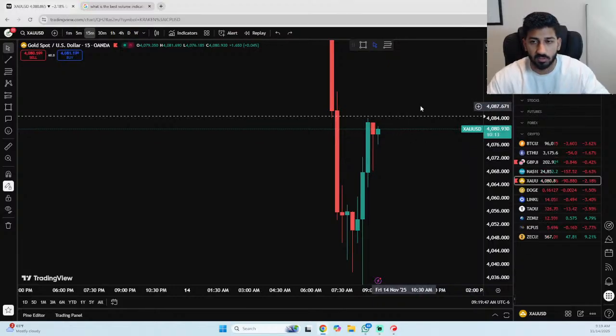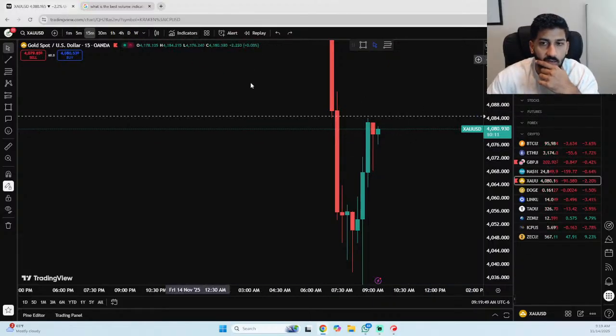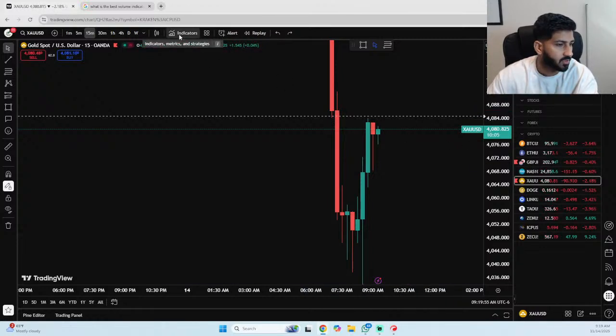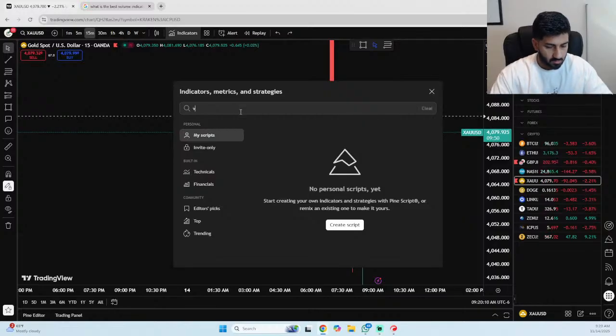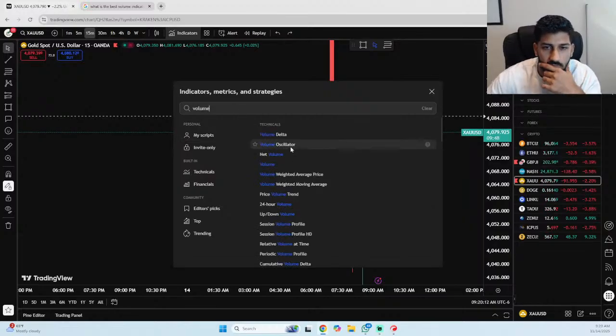You can do a little bit of research and see what fits your criteria the most. You're familiar with TradingView, right? On TradingView, you should be able to look at all these indicators and understand which one works the best. Sure. Let me do my research and get back to you.